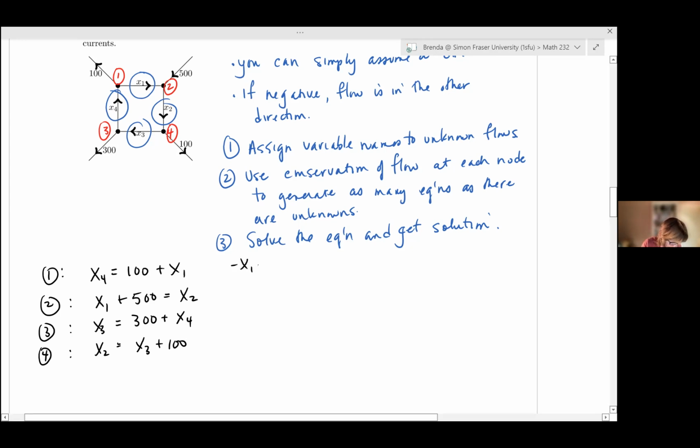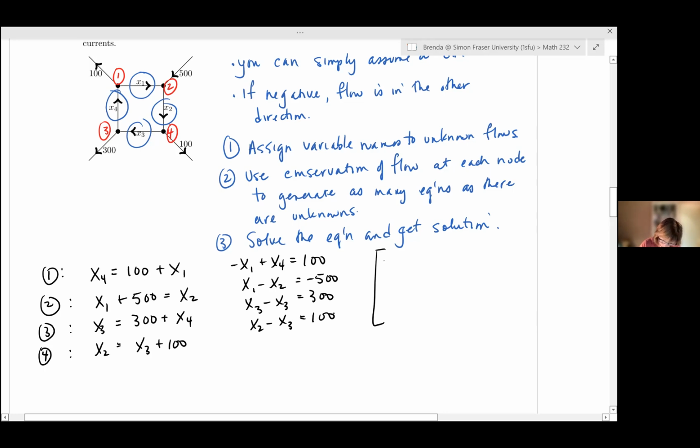We're just going to rewrite the equations into a format that makes it easier to form the augmented matrix. These are the same equations as on the left, but just rewritten. Okay, 4 equations, 4 unknowns. Then I can form the matrix.